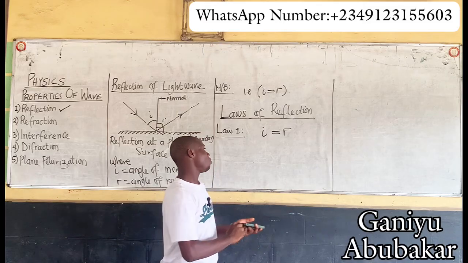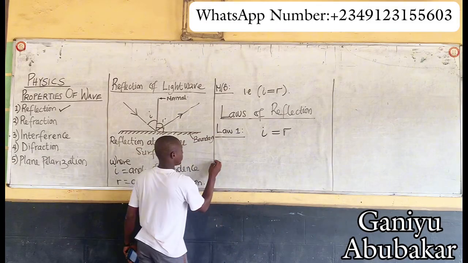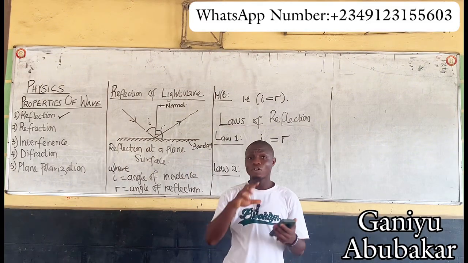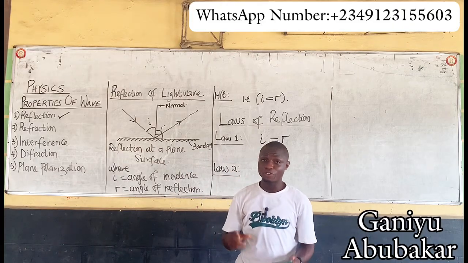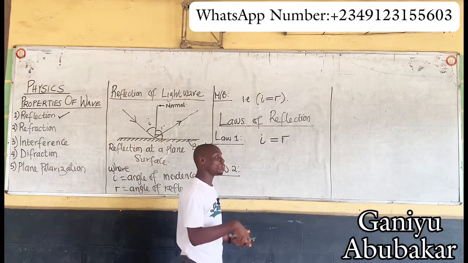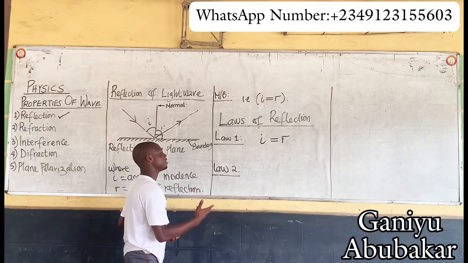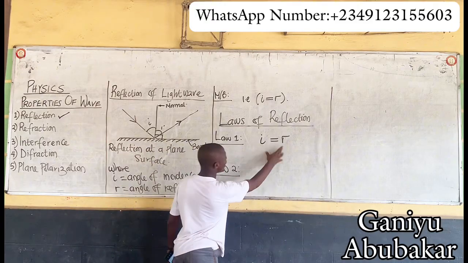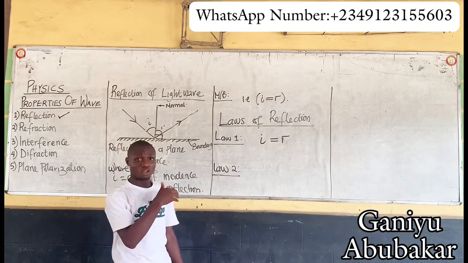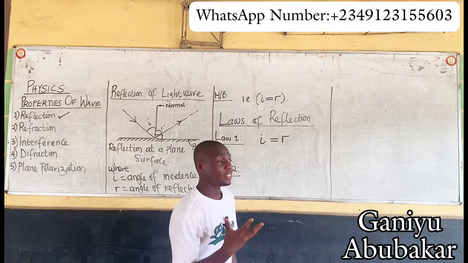Let's look at law two, the second law governing the concept of reflection. I said the first law says that the angle of incidence is equal to the angle of reflection.